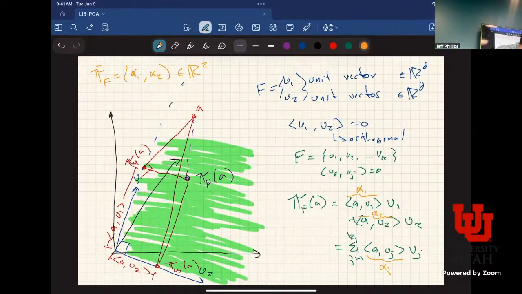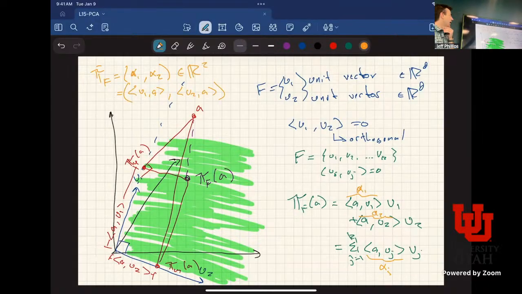This is equal to the dot product of U1 and A, comma, the dot product of U2 and A. And again, this lies in R2. I can use these two lengths along the first unit vector and the second unit vector to find two coordinates.